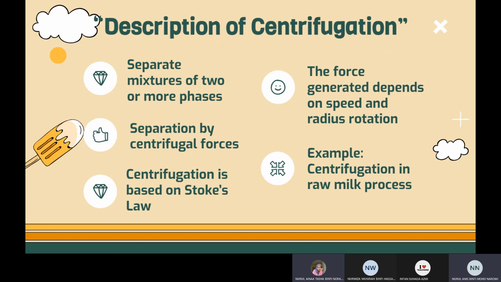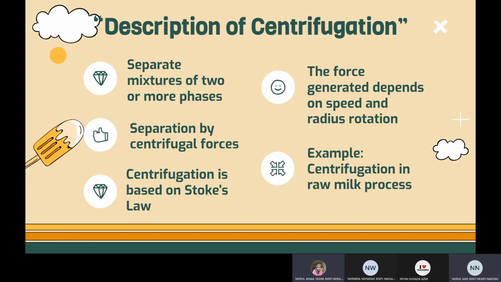Other than that, the centrifugal force generated depends on the speed and radius of rotation when rotating the mixture. This allows rapid separation of milk fat from the skim milk portion and removal of solid impurities from the milk.